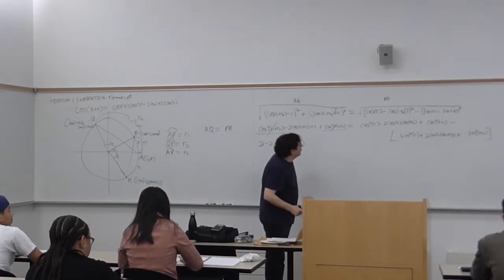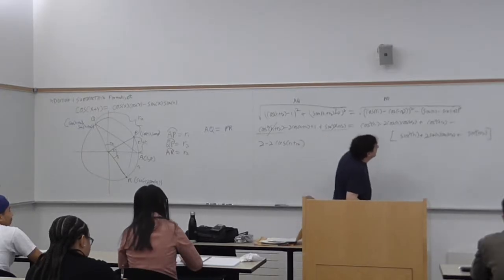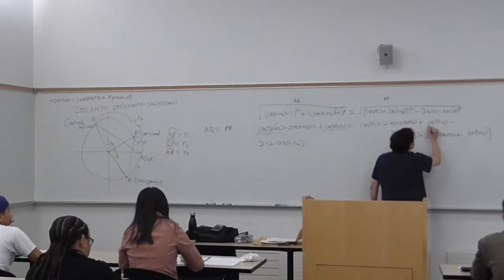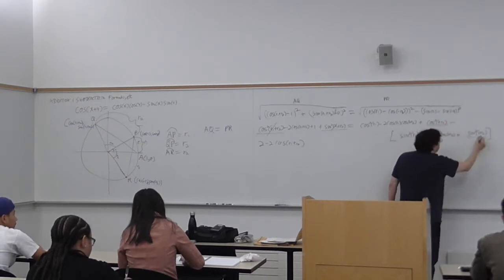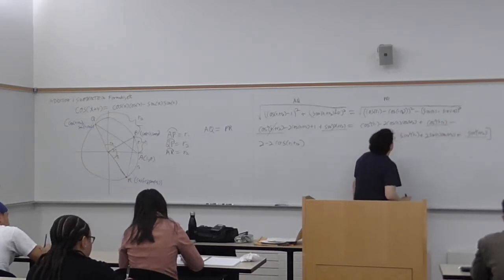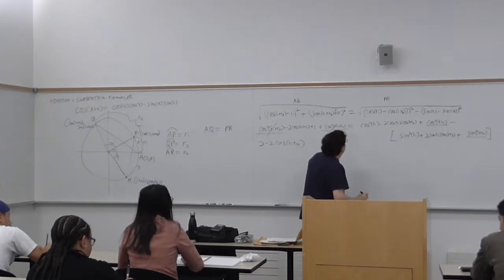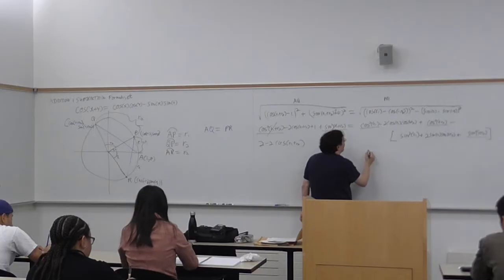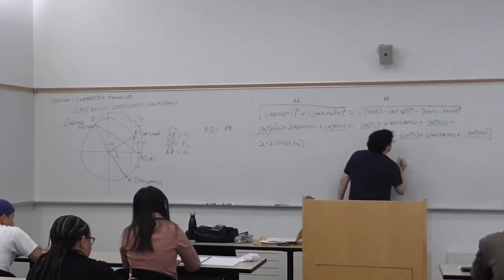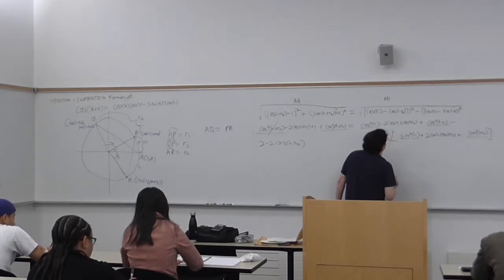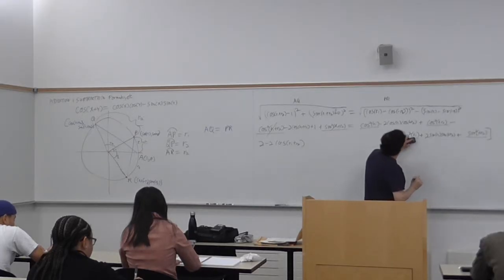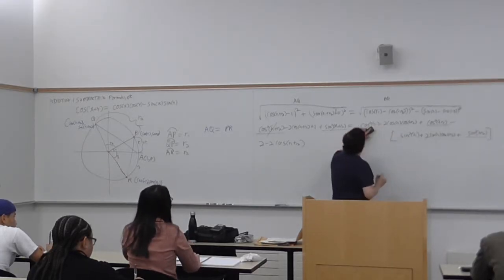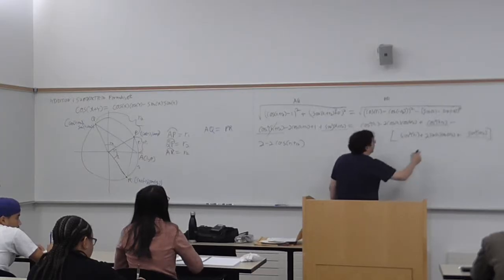All right, let's see, do I have anything convenient here? Sine squared r2, cosine squared r2 plus sine squared r2. That's going to be 1. Cosine squared r1, sine squared r1. That's just going to be 1. Is it? Oh, wait a minute. I think I jumped there.